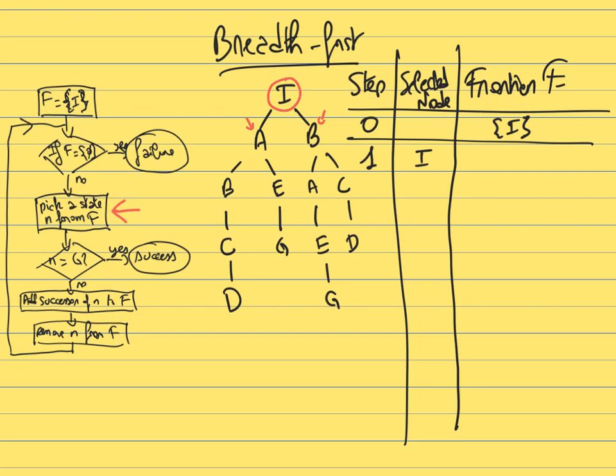You can turn right or you can turn left. Those are the two routes that you can take, the two states that you can reach starting from I, the two states that are connected to I. This is what you do when you are expanding the node I. You find all the possible states that you can reach by doing a transition from I, by doing one action starting from I.